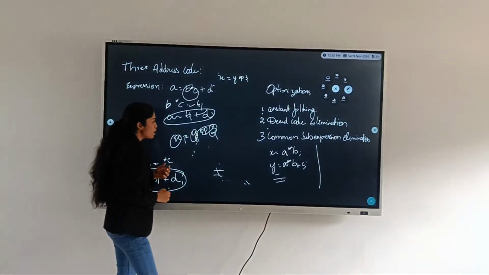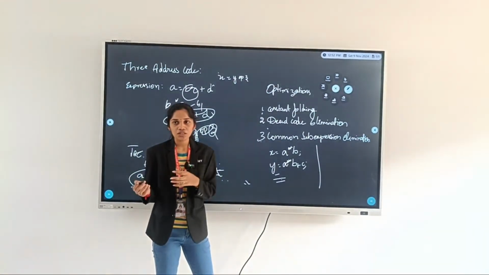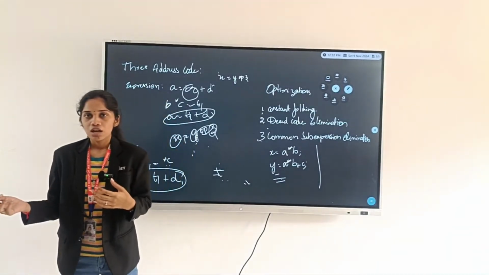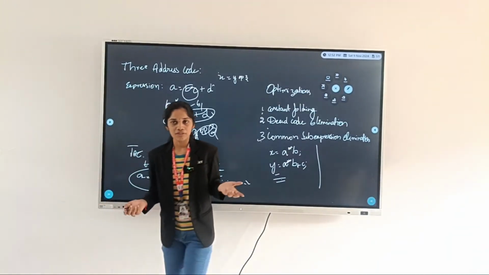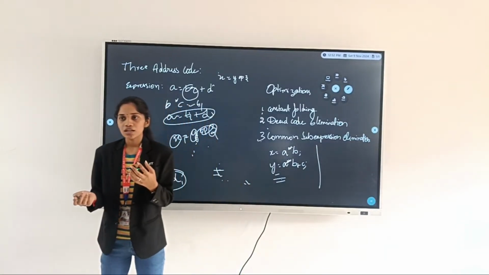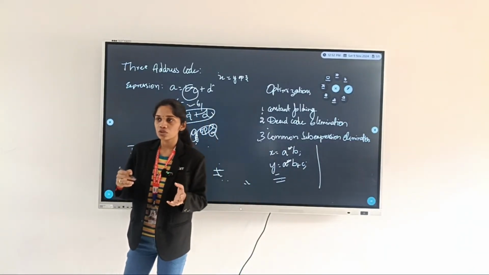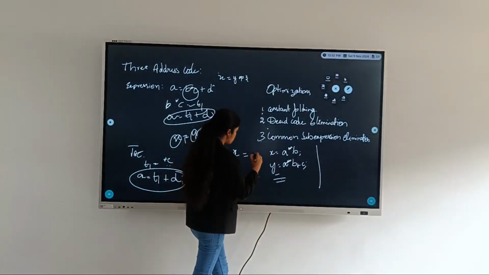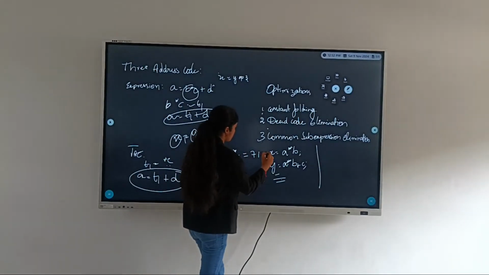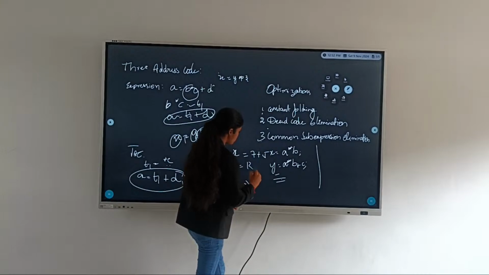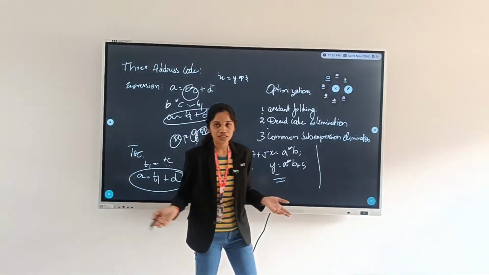In an expression we sometimes have direct values, like x = 7 + 5. We can directly consider it as x = 12, right? We don't need to keep it like x = 7 + 5. That is as simple as this, right?